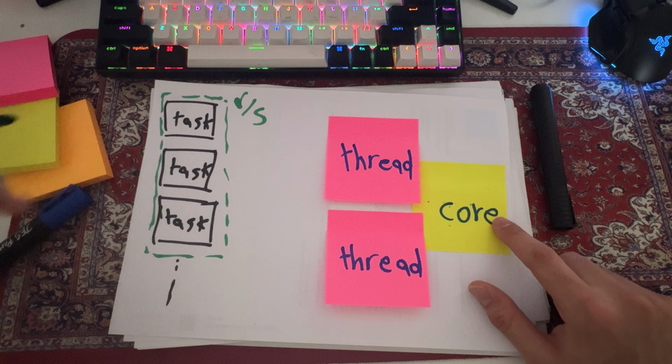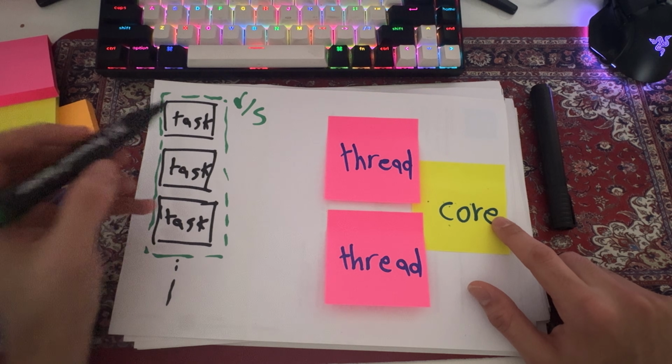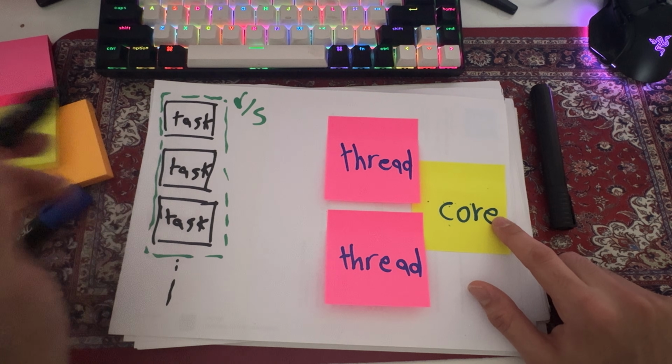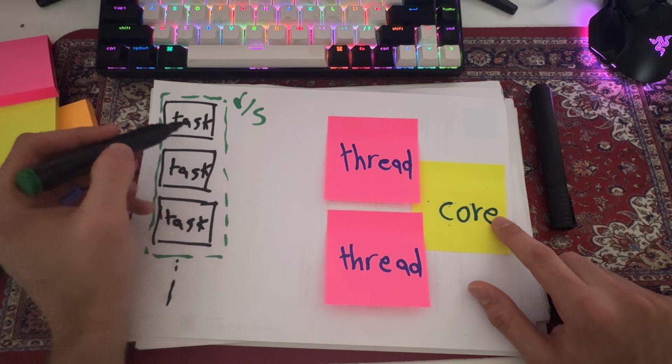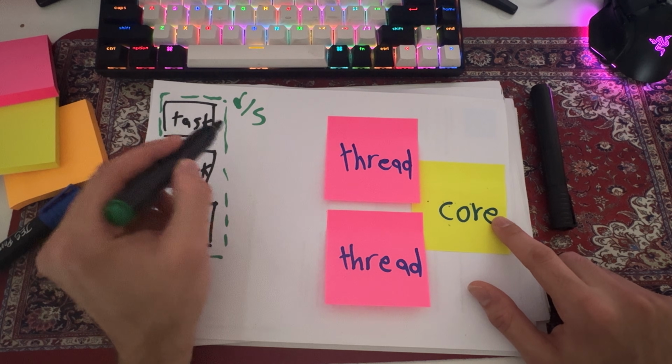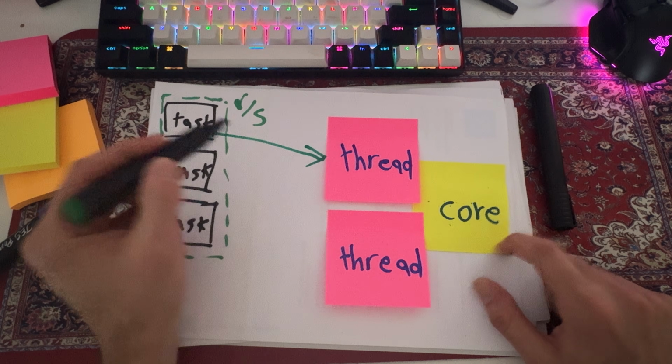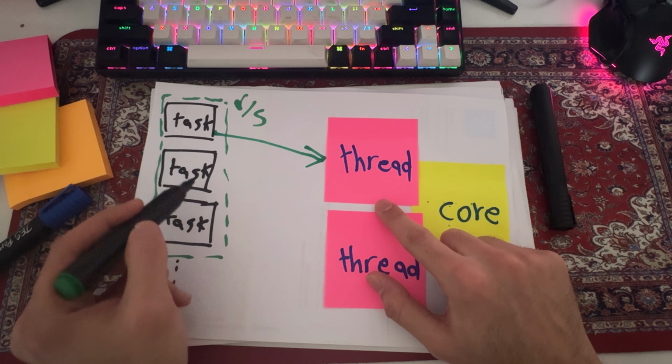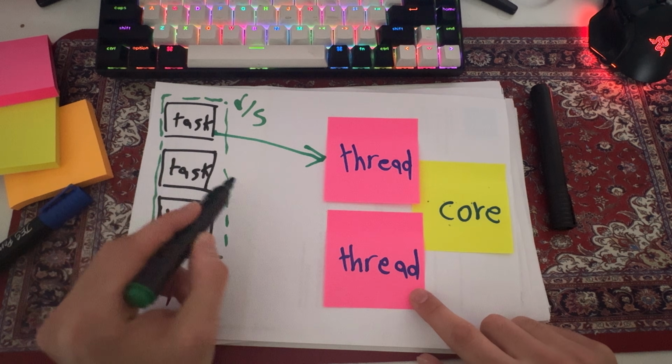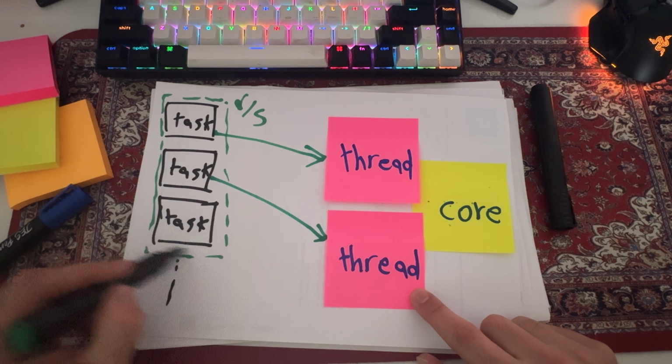Each of these tasks is a Goroutine that Golang hands to the threads. Now, let's put the number of Goroutines more than our number of threads. For example, right now we have 3 tasks and 2 threads. The first thread picks the first task. The second thread picks the second task. What should we do with this third one?